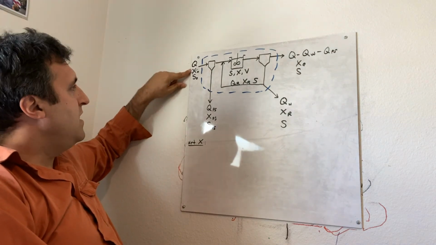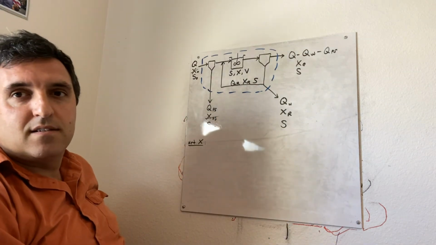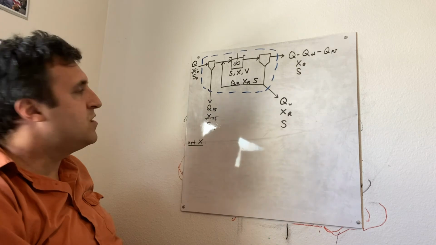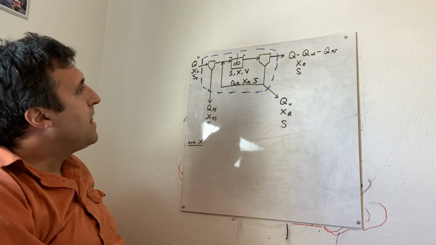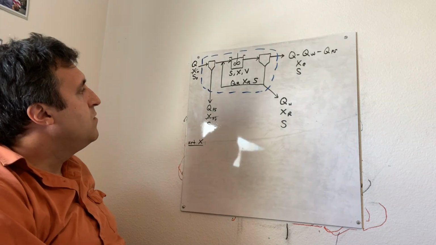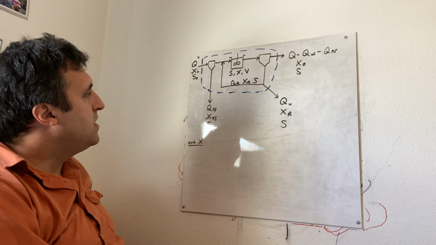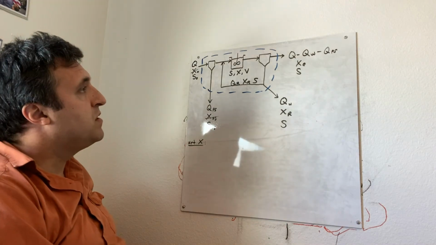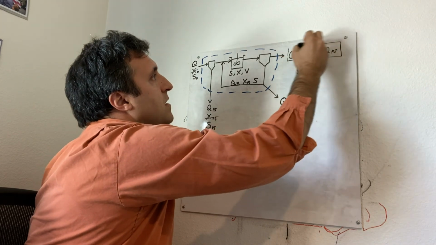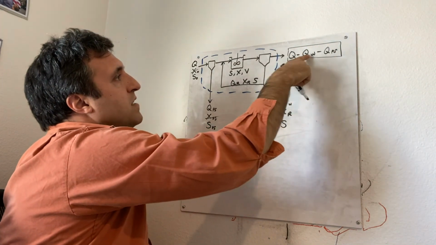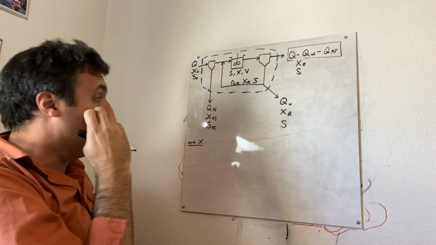Assuming that X naught is negligible, we can also assume that XPS is negligible in terms of the mass loading. So with those two assumptions in place, this is going to look very similar to the way it did in the previous example, with the one difference here that the flow rate leaving the system is actually equal to Q minus QW minus Q of the primary sludge, to be accurate.